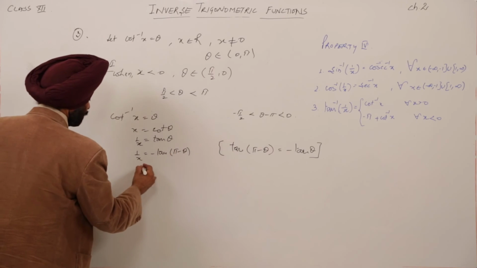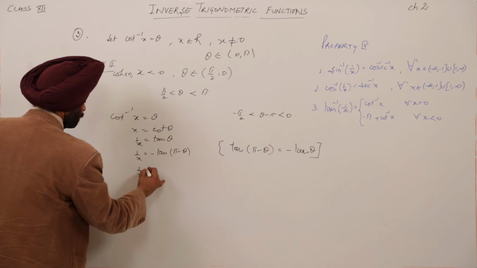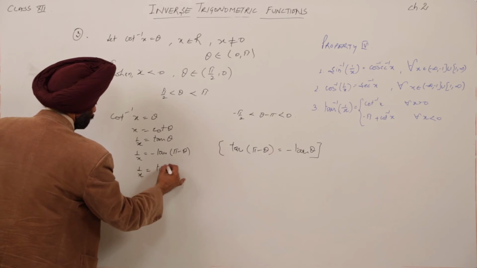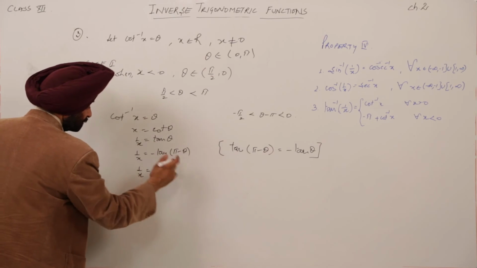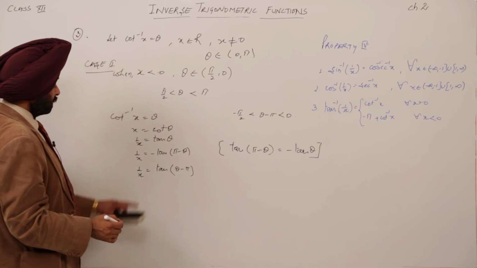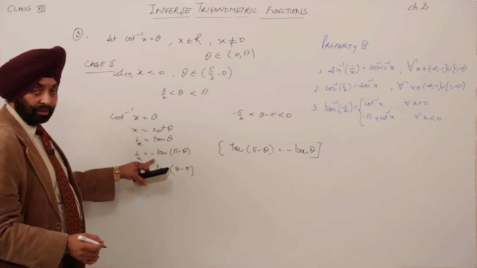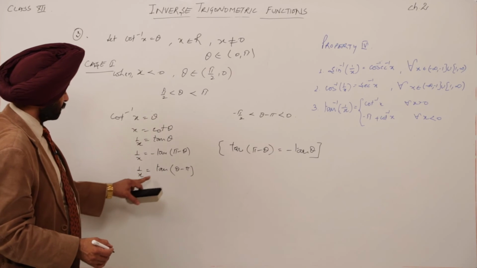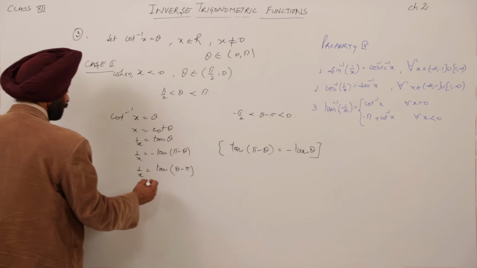So now after writing this, we get 1 upon x is equal to minus tan of pi minus theta, and taking the minus inside, we write 1 upon x equal to tan of theta minus pi.